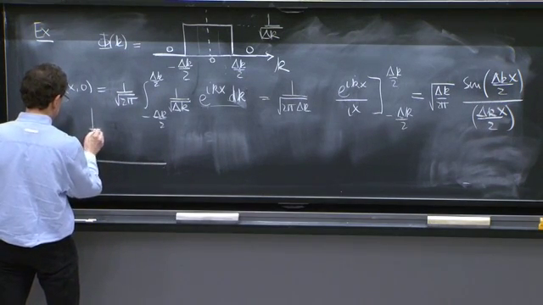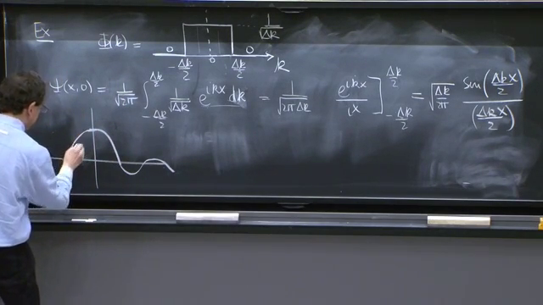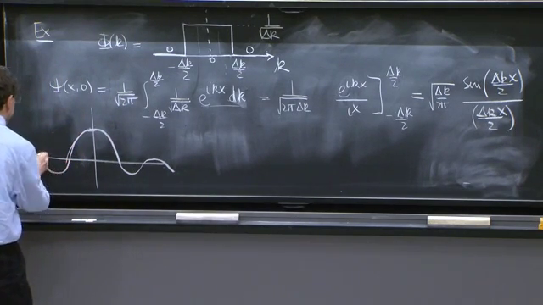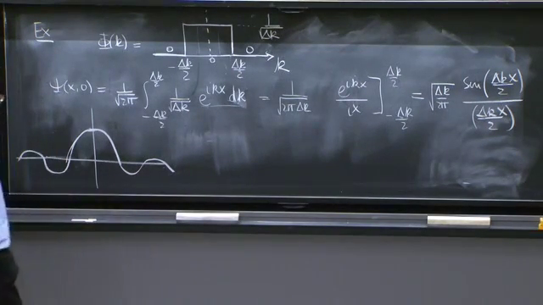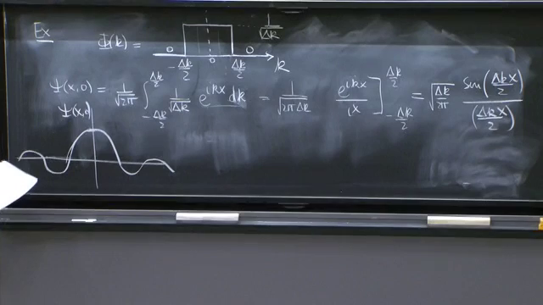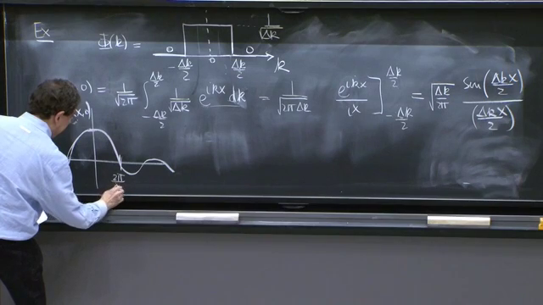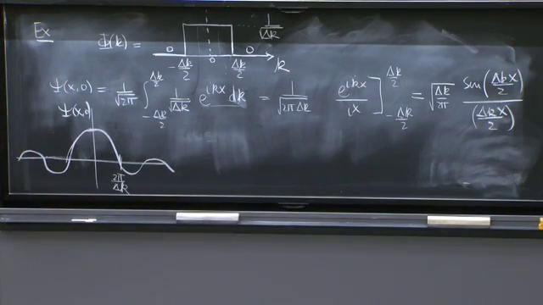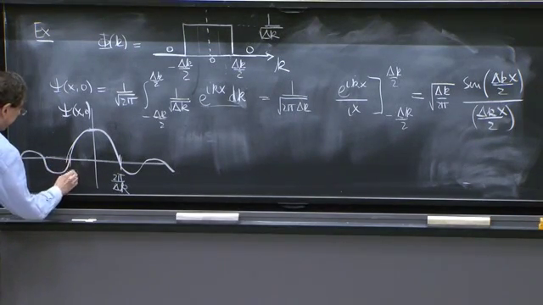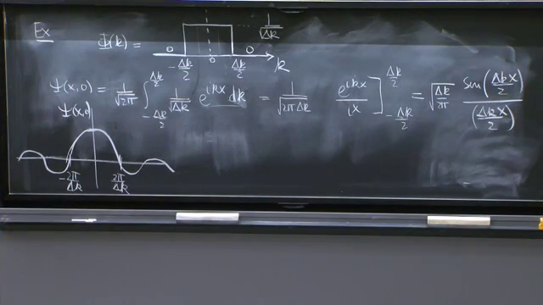It goes like this, it has some value, goes down, up, like that. Symmetric. And here is psi of x at 0. Here is 2 pi over delta k. And minus 2 pi over delta k here. Sine of x over x looks like that.